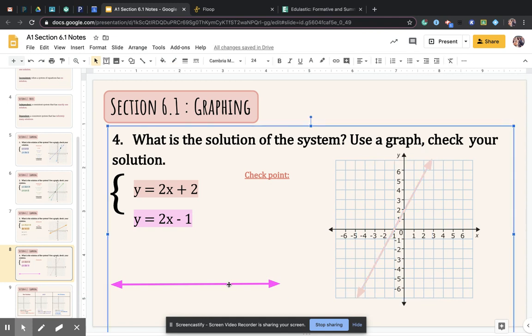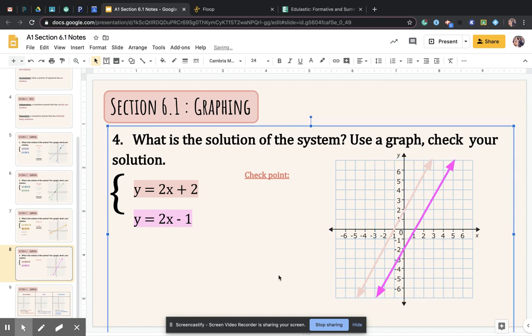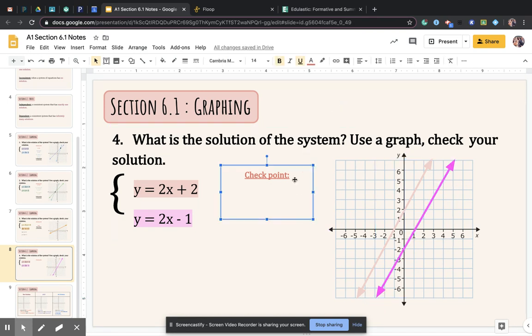Awesome. And then for the other one, we're going to start at -1. If you notice, it has the same slope. So I'm still going to go up 2 and right 1. And we'll go down 2, left 1. So what you notice is these end up becoming parallel lines. They are not overlapping anywhere.